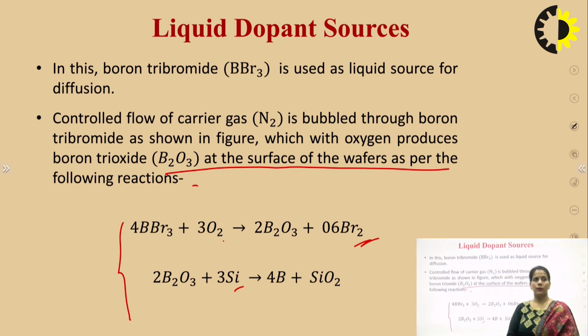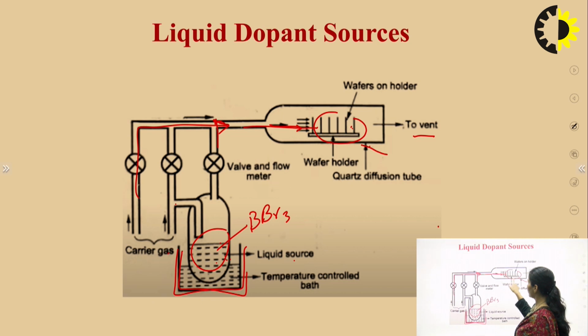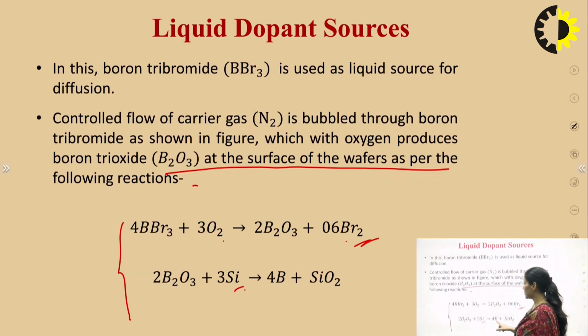Boron tribromide gets converted into boron trioxide upon reacting with oxygen. Byproduct is bromine. Then again boron trioxide reacts with the silicon surface to deposit boron, that is to diffuse the boron inside the substrate. Here the byproduct is SiO2.